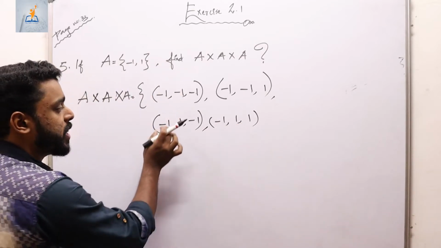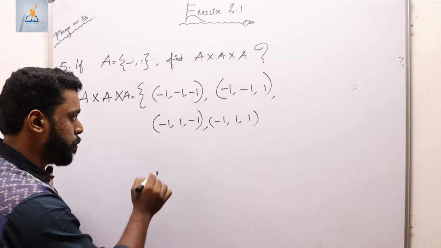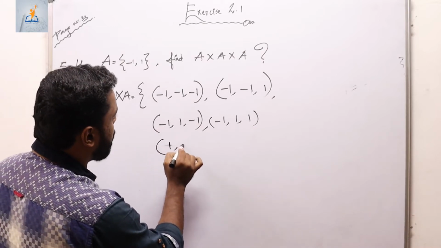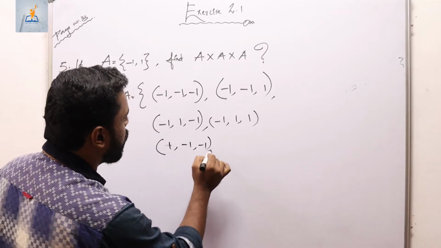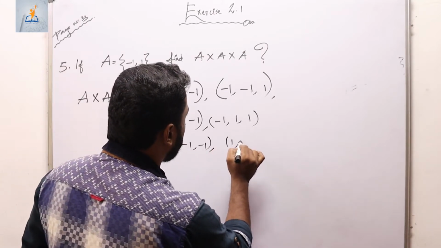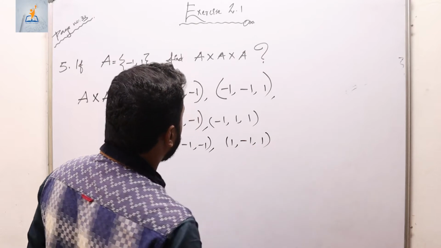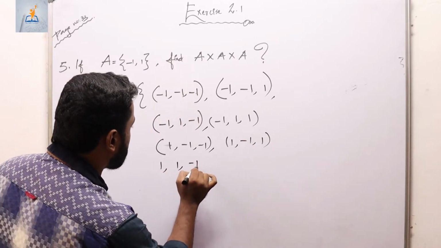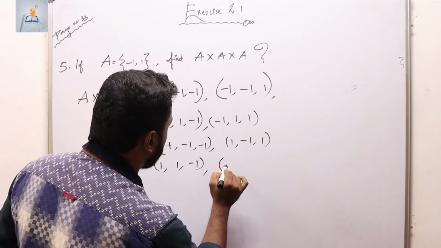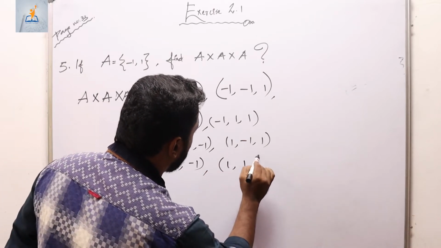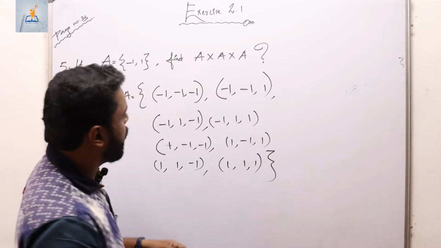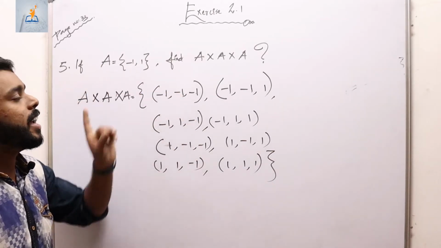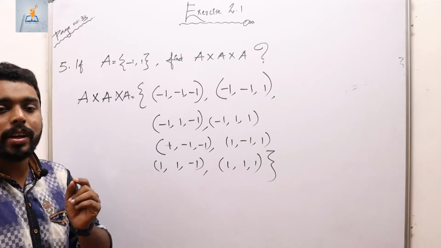Now I am going to change the first element in each triplet. Then we get (1, -1, -1), (1, -1, 1), (1, 1, -1), and at the last I got (1, 1, 1). So this is the set of all ordered triplets where A is the set {-1, 1}.